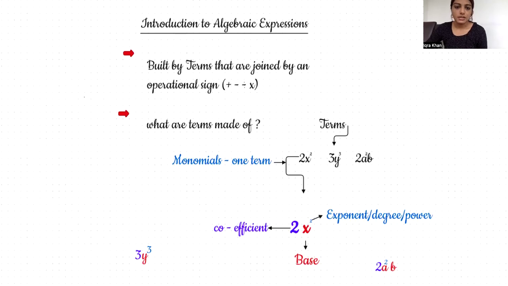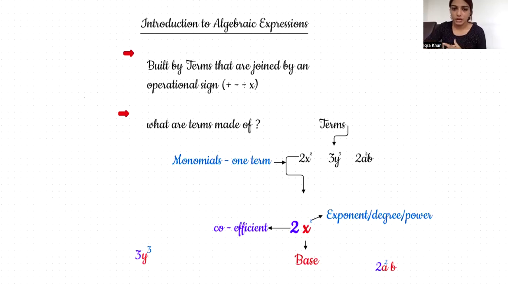Okay, right. So, what are algebraic expressions? Remember, they are built by terms that are joined by an operational sign. So, your operational signs are your plus, your minus, your division sign, your multiplication sign. Okay. Now, when we speak of terms, learners get confused about what terms are with regards to algebraic expressions.